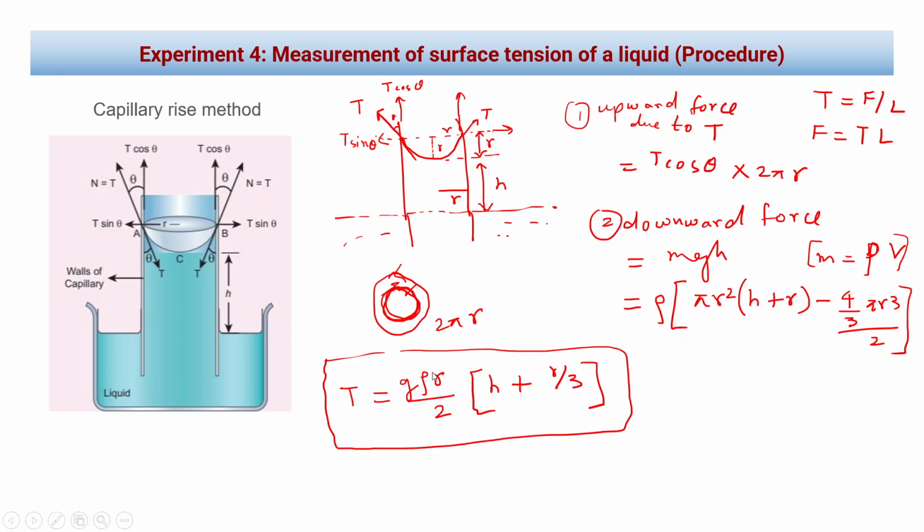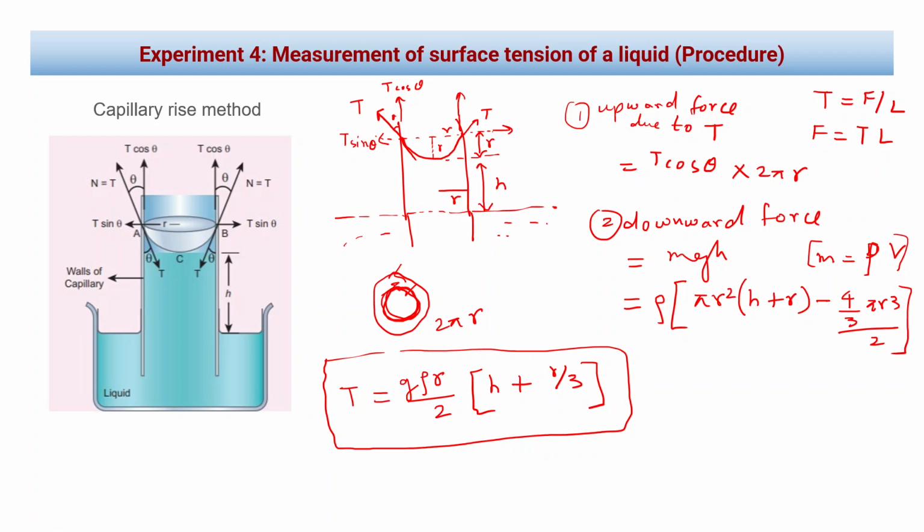What we can change is r. The h will be automatically determined, we cannot do anything about it. But what we can change is the radius of this capillary tube. So for this experiment, we can take different capillary tubes which have different radii, so that we can see what is the height for every capillary tube, and then we can take the average of them to get better precision in the final value. So that is about the procedure.